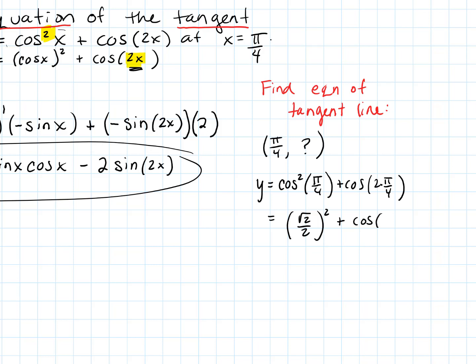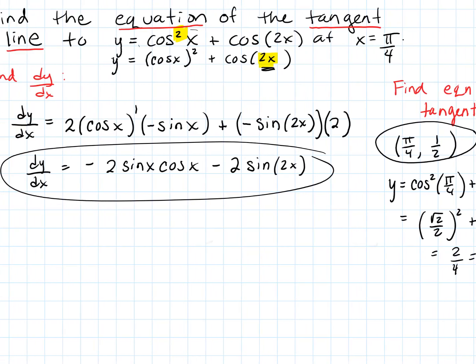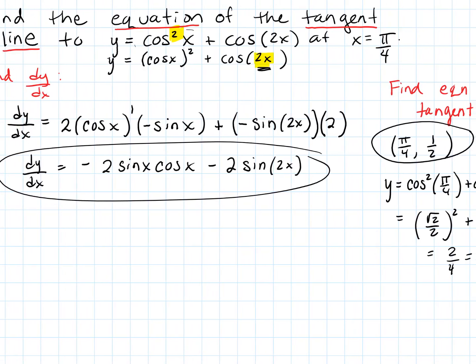Then the cosine of 2 times pi over 4 is the cosine of pi over 2, which is 0. So the y value here would be 2 over 4, or 1/2. So we've got the ordered pair, pi over 4 and 1/2. There's our point, and now we just need a slope.